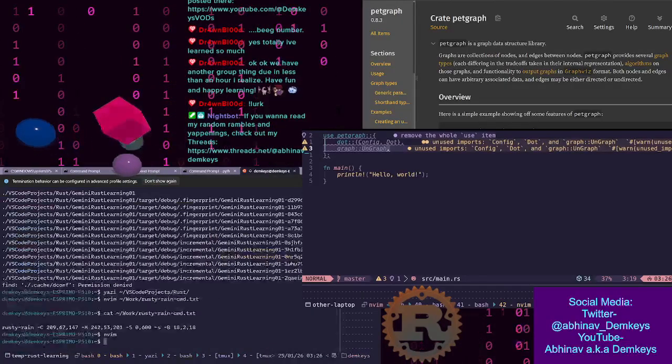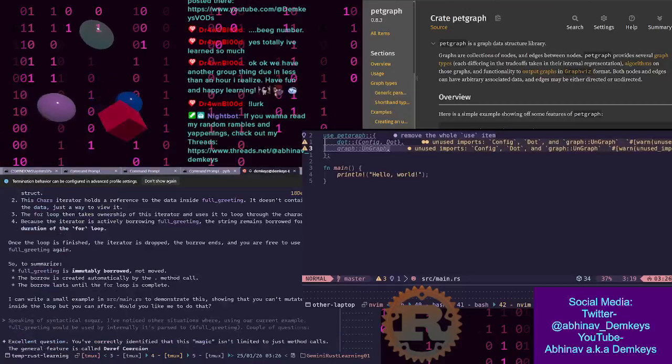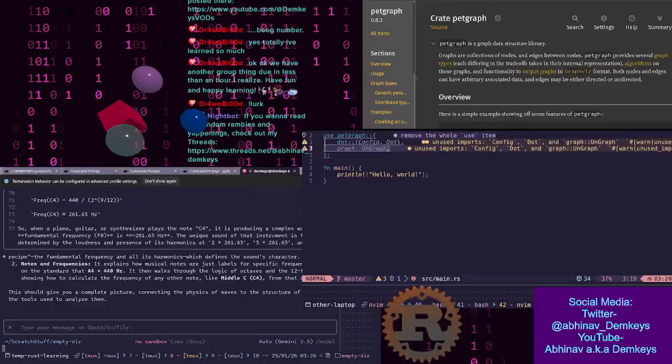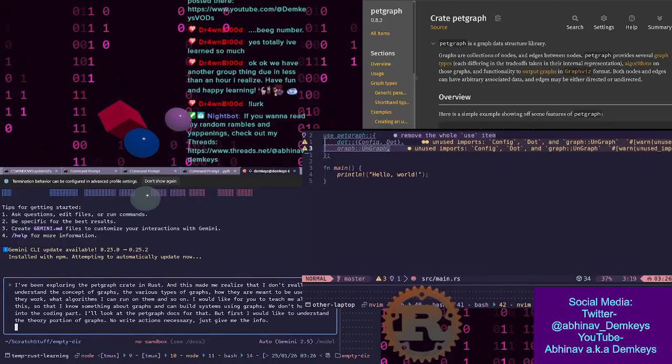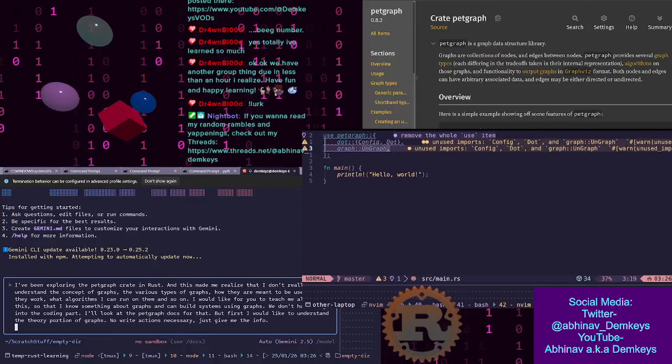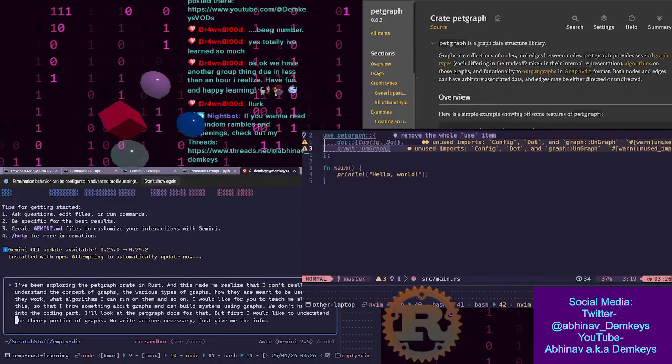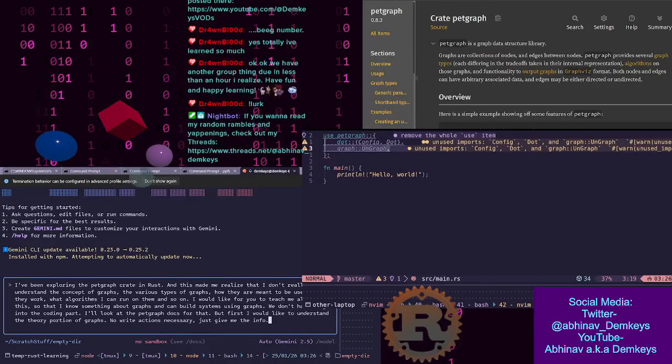No, I'm pretty sure I opened up a new Gemini instance. It was somewhere here. Where did it go? Oh, there it is. Okay. So, paste. I've been exploring the petgraph crate in Rust, and this made me realize so and so, so and so. Okay.